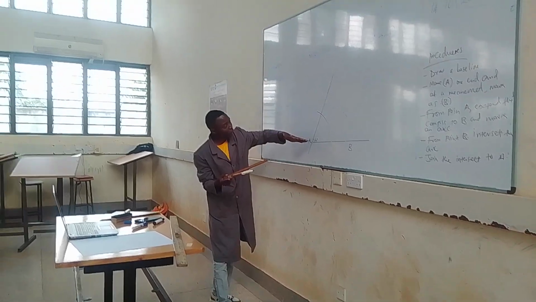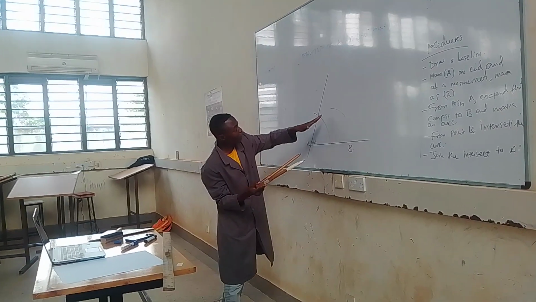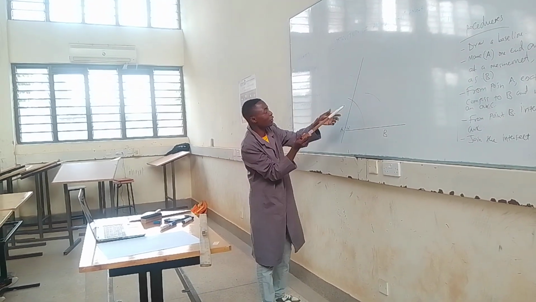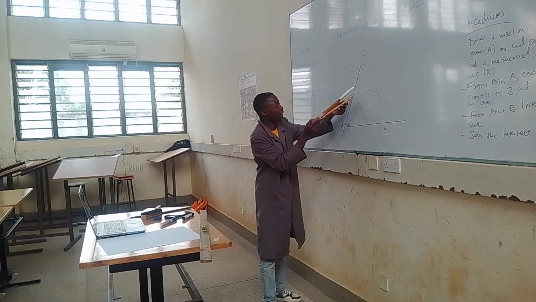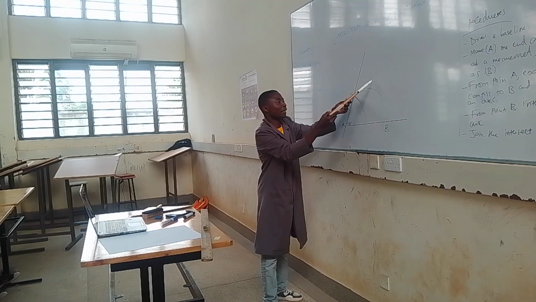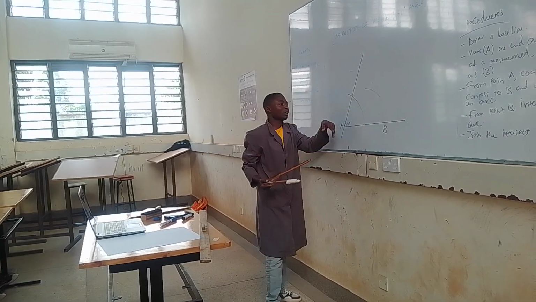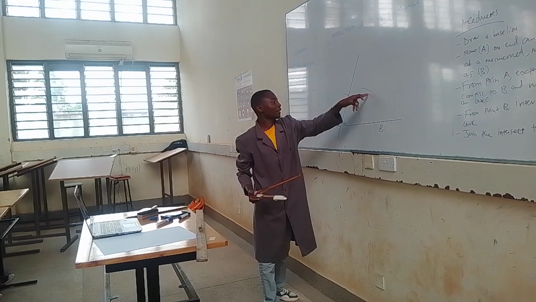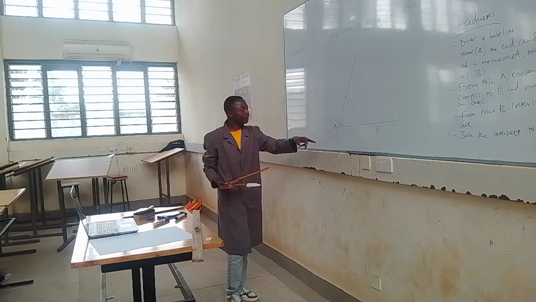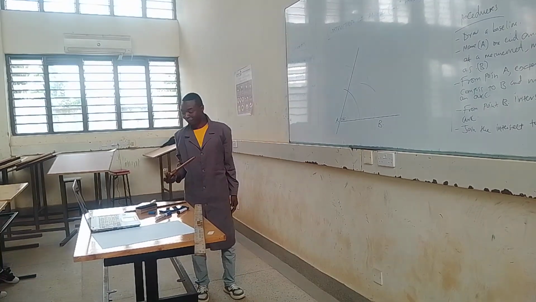That is where you can make your first arc, and then go back to another line where the arc has been intersected, and then you make another arc intersecting the arc which has been constructed recently.